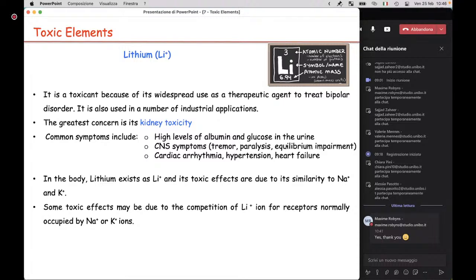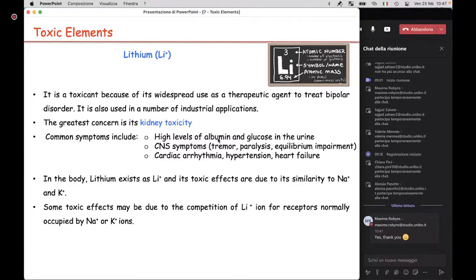And this makes high levels of albumin and glucose appear in the urine. This is a bit like the opposite of what I said, because this is the excretion of things that shouldn't go in the urine. So kidney damage can impair elimination of toxic compounds, but it can increase elimination of essential compounds.